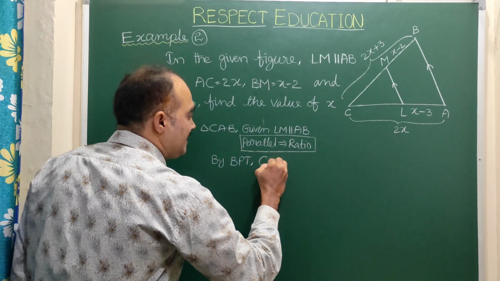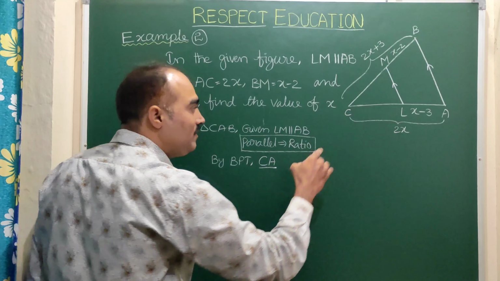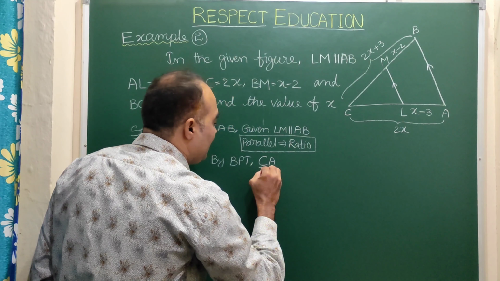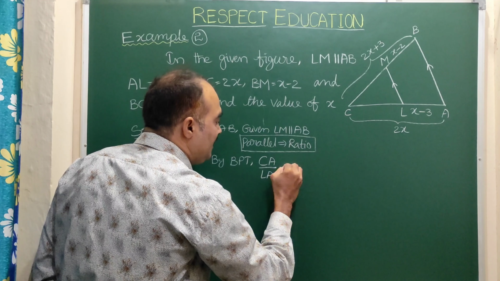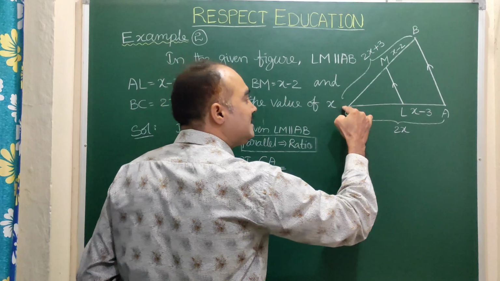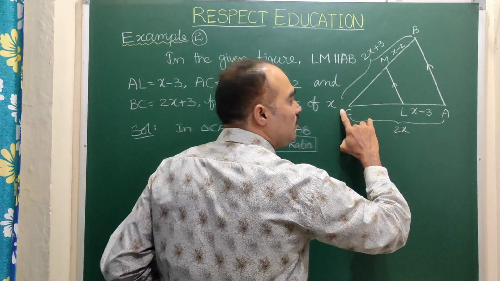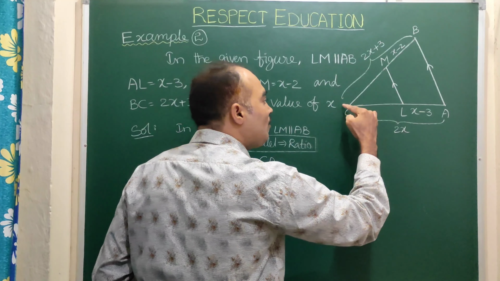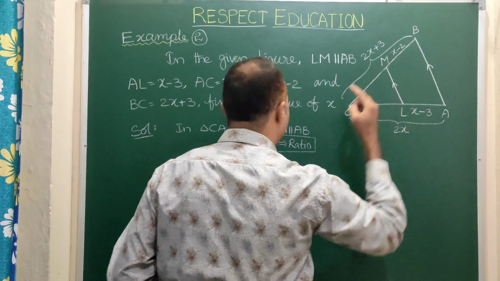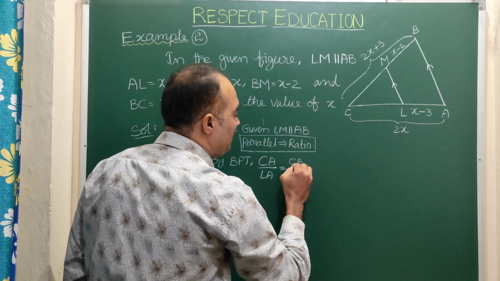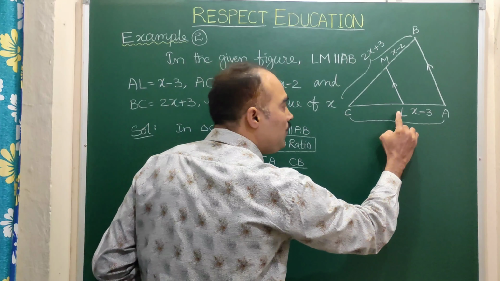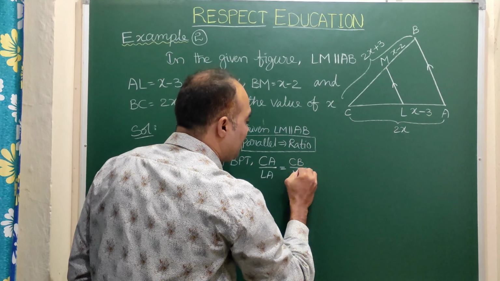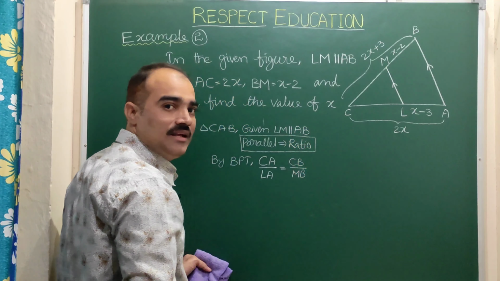CA is nothing but AC also, C to A by LA, is equal to, same way, C to B, so this is CB by MB.